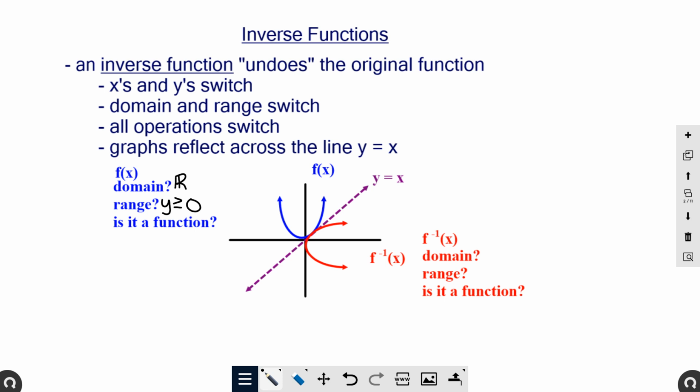Now we answer this question: is it a function? This is a yes or no question. To determine the answer, we use our vertical line test.